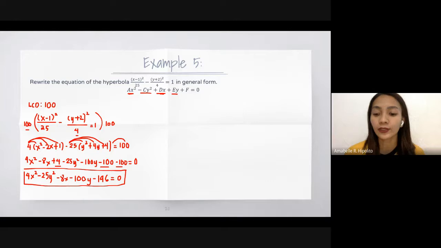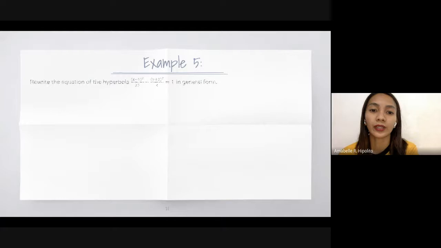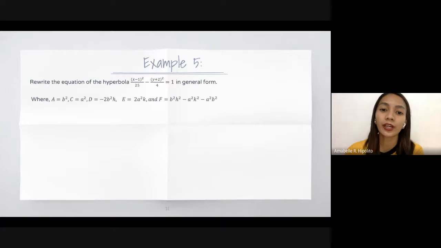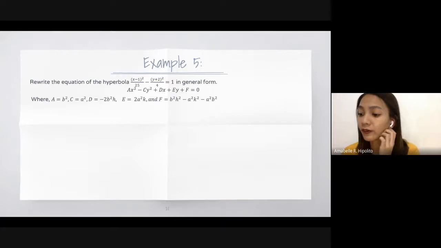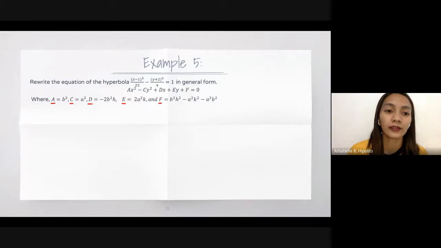Okay, so let's try method B. In method B, we are going to make use of the values A, C, D, E, and F. So, we will find the values of A, C, D, E, and F. Let us first find the value of A. A is equal to B squared.